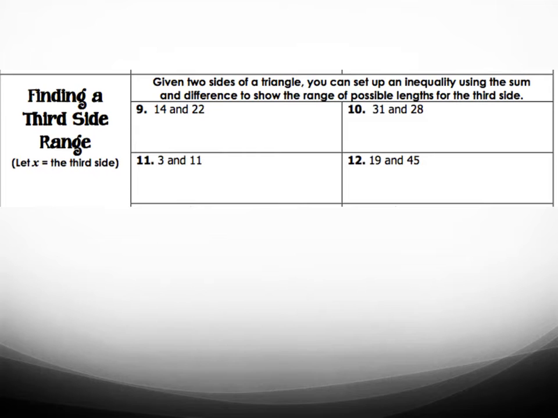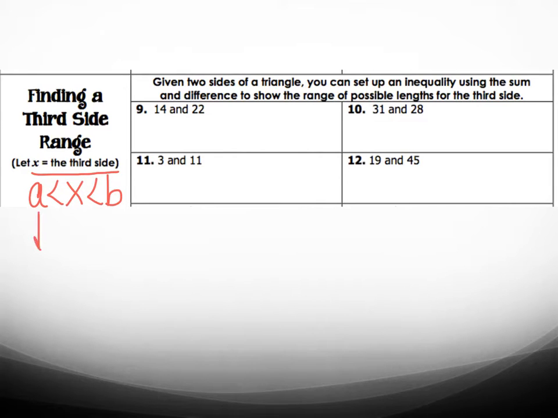So in this section, you're going to be given two sides, and you need to find the possible lengths of the third side. So let's go ahead and write some notes over here. It says let x equal the third side. So we're going to have an inequality: a, which is the smallest it can be, is less than x, less than b.